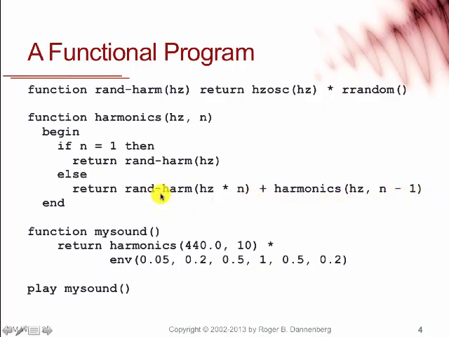Okay, so you can see that if you add the nth harmonic to the sum of all the harmonics below n, then you get the sum of all harmonics. So that's the recursive step.